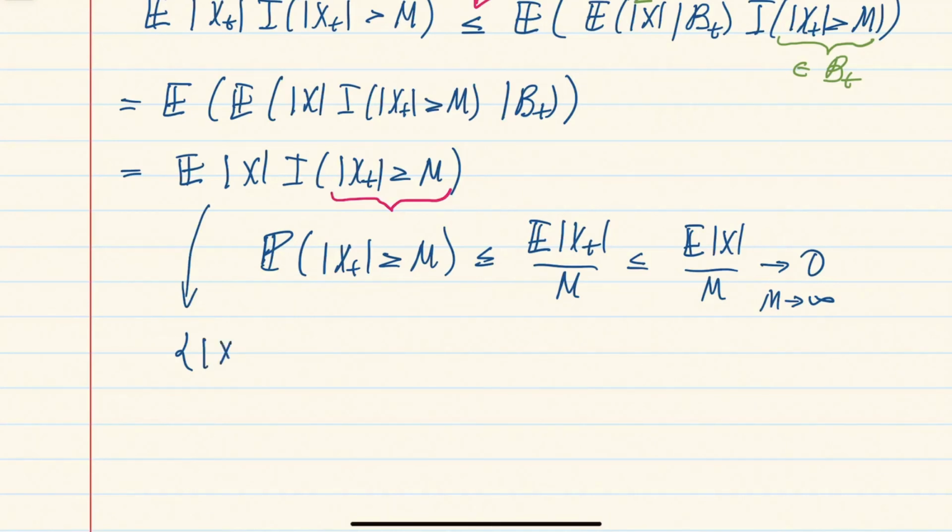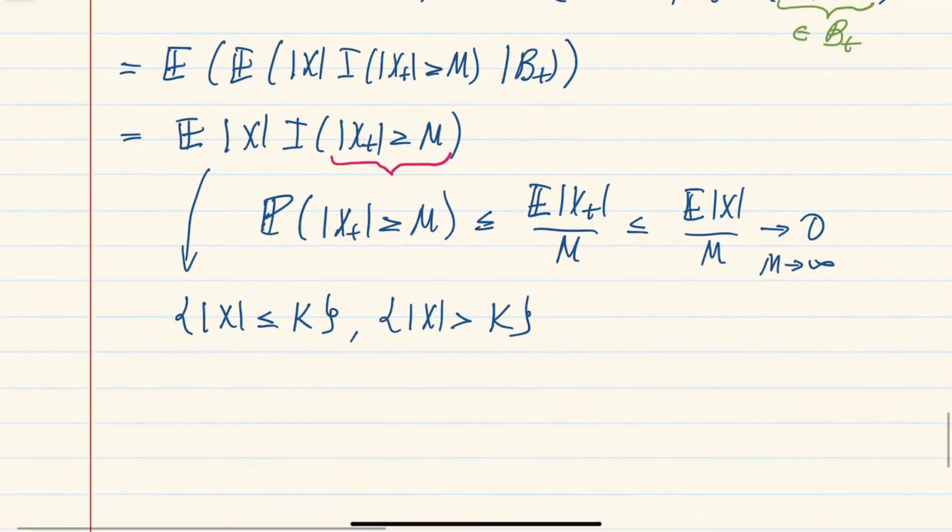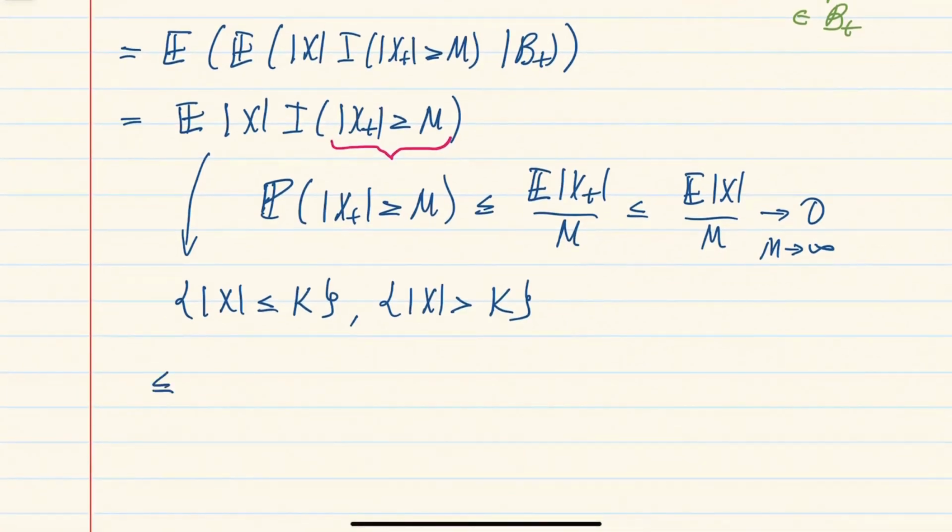So let's take one set where a random variable x is bounded by some large constant k and its complement, when x is bigger than this large constant k. Then on the first set we replace x by k. So x is bounded by k, so we replace it by k, and we are left with just the indicator.